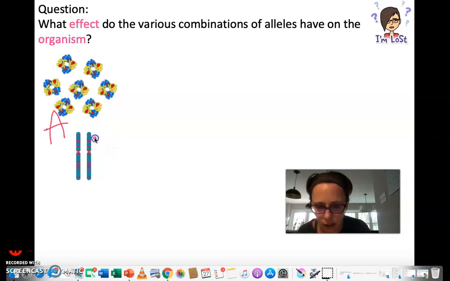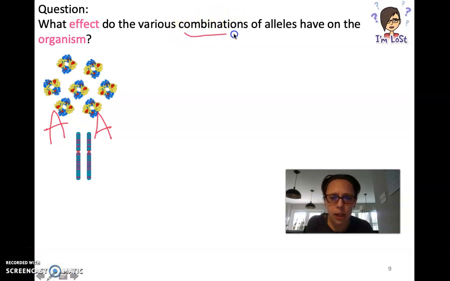And then on the other chromosome is a big A. So if this chromosome contains the gene for normal hemoglobin, and this chromosome contains the gene for normal hemoglobin, the person is going to make normal hemoglobin. So that's what we mean when we say combinations. What two alleles does the person have?